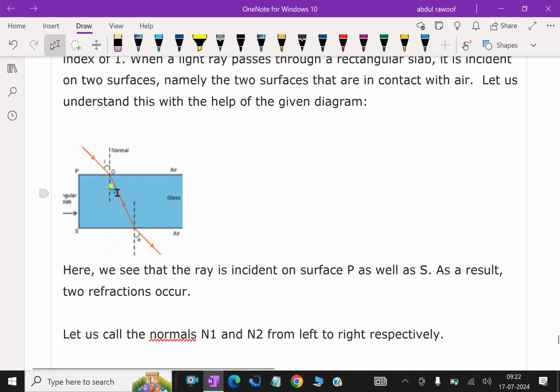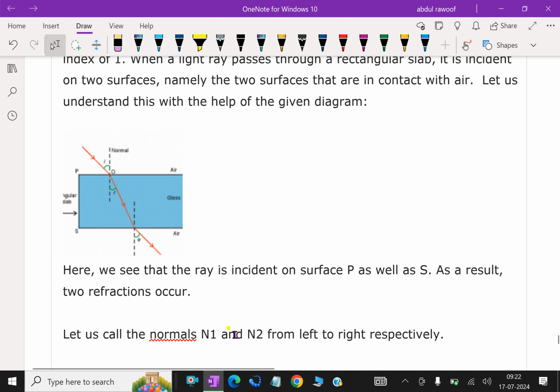Then it comes here, this is the incident ray to glass 2 in the glass medium, and this emergent ray is the refracted ray in air here. Here we see that the ray is incident on surface P as well as surface S. As a result, two refractions occur.